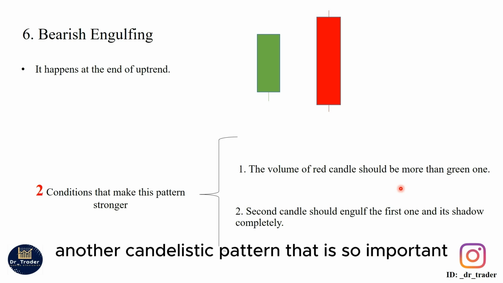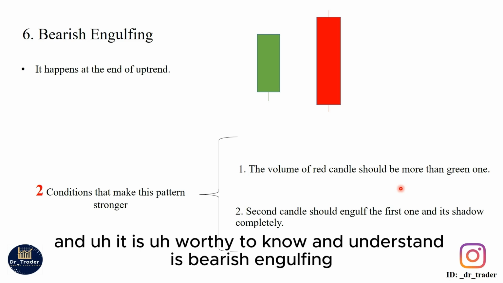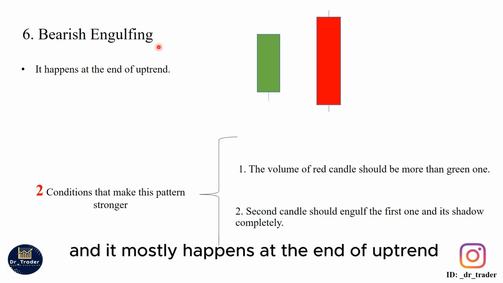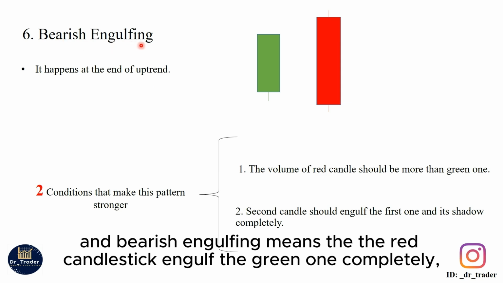Another candlestick pattern that is so important, and worthy to know and understand, is the bearish engulfing. It mostly happens at the end of an uptrend. Bearish engulfing means the red candlestick engulfs the green one completely.